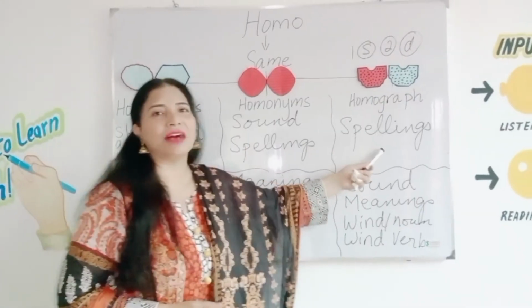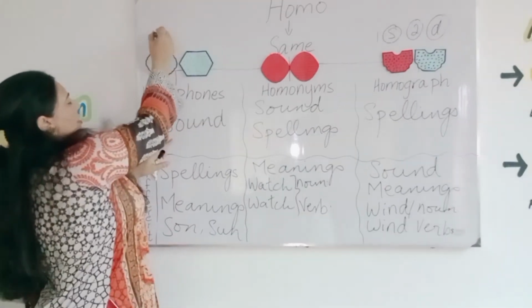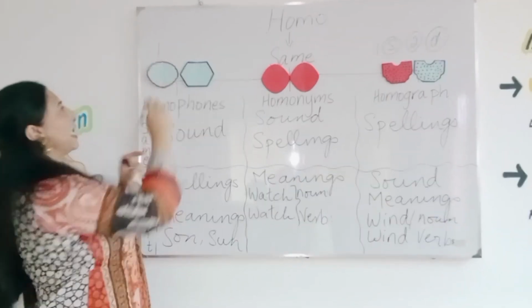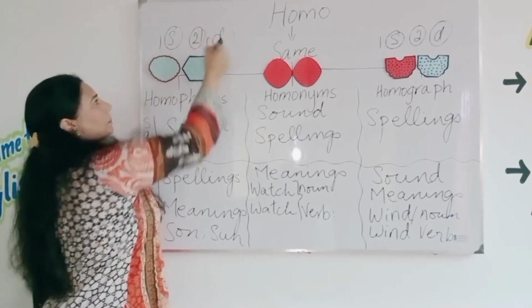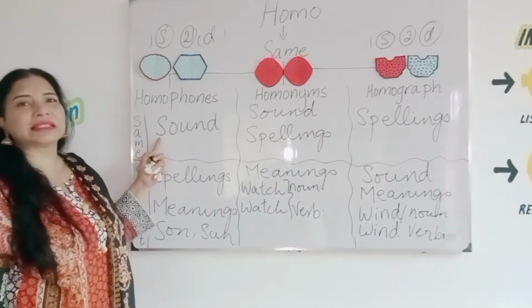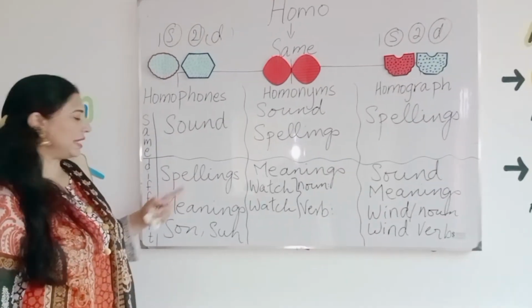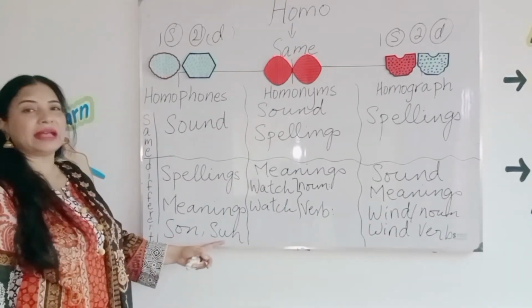Homophones have one difference. Homographs have one similarity and two differences among them. A pair of words in English that has the same sound but the spellings and the meanings are different from each other, like sun and son, are called homophones.